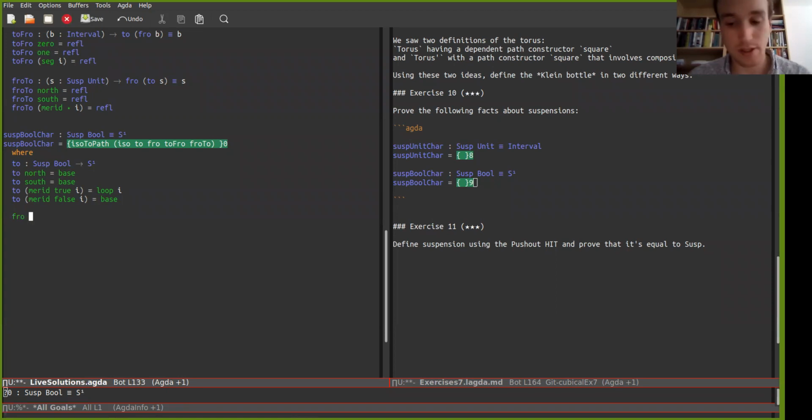Yeah. And then the other direction is from S1 to the suspension.